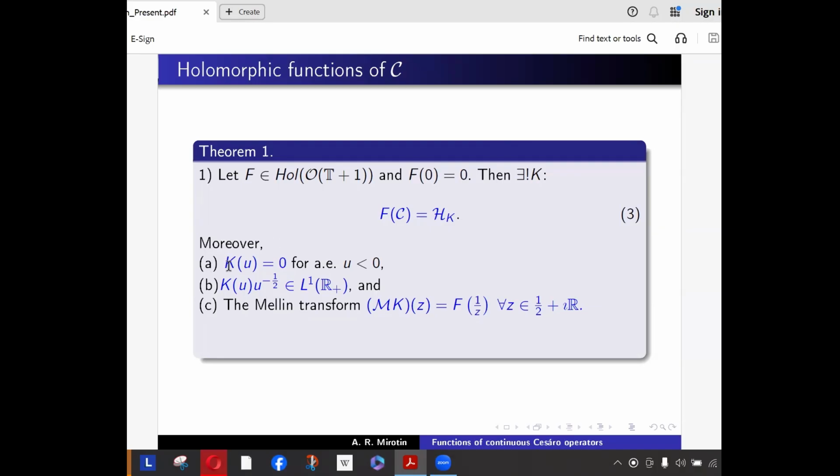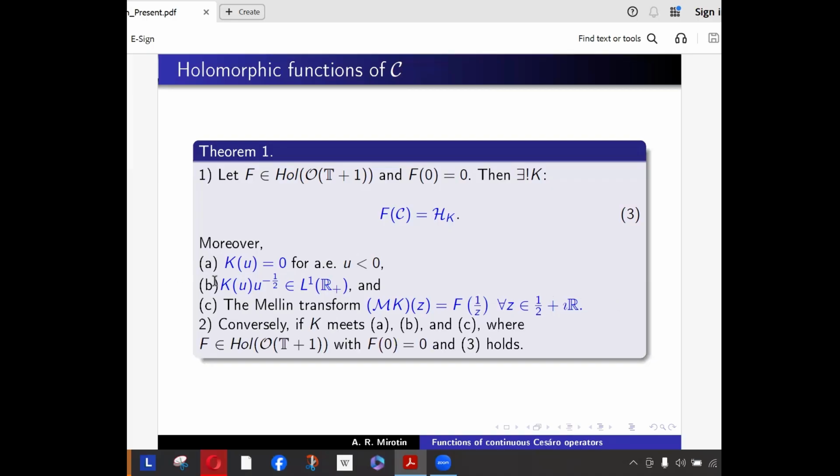A, K is concentrated on the non-negative half line. B, the necessary condition for boundedness mentioned above holds. And C, the Mellin transform of the kernel equals F of 1 over Z, where Z runs over the so-called critical line.